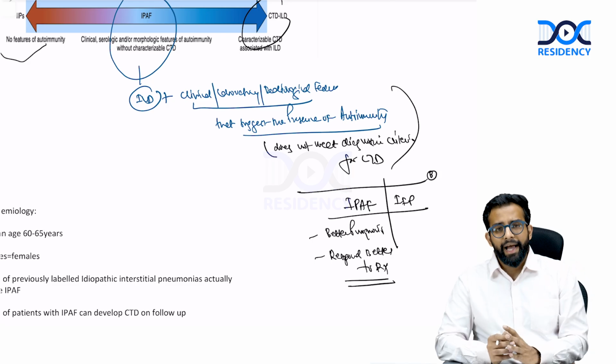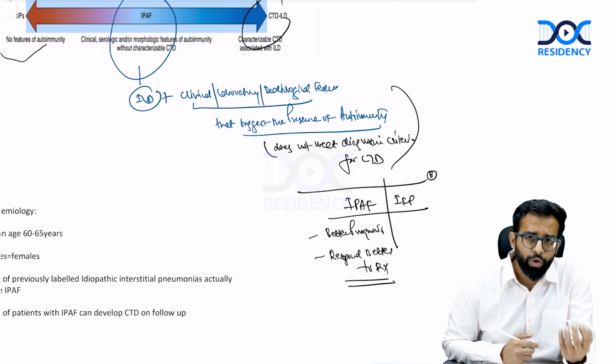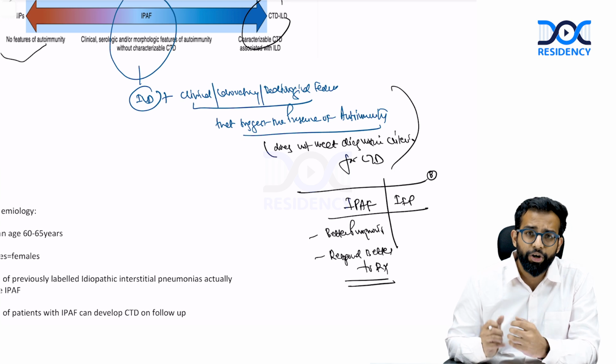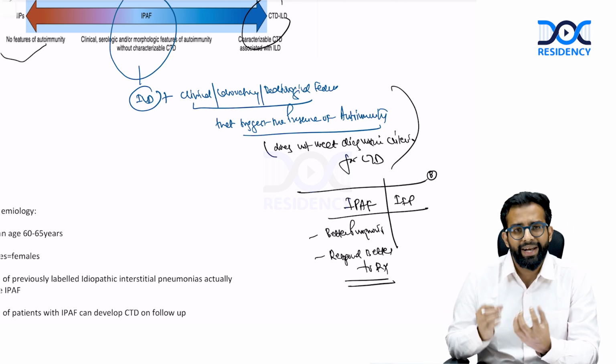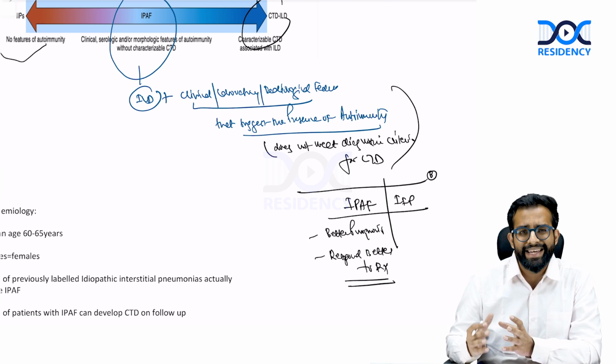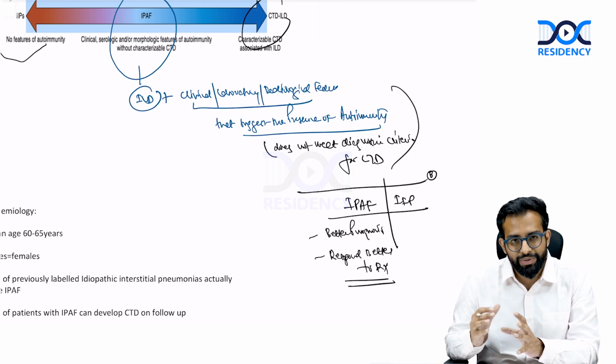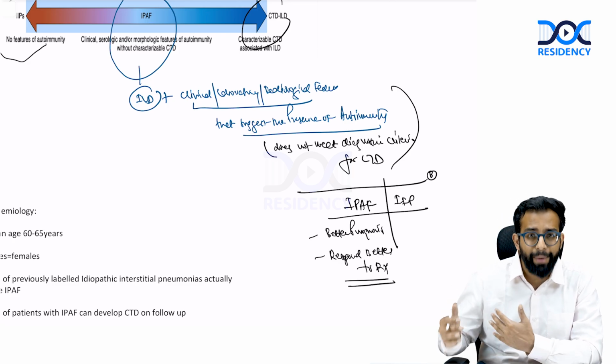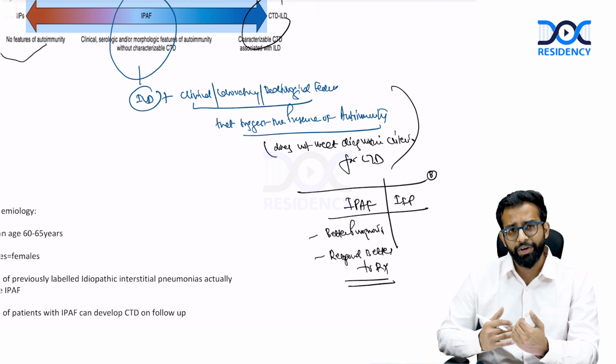Until 5 years back, when the term IPAF was not coined and this category of ILDs did not exist, most of these patients were placed into the idiopathic interstitial pneumonia category. And this was wrong, because these patients actually fared better than the other patients and responded to treatment better.